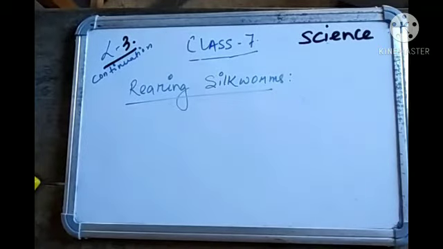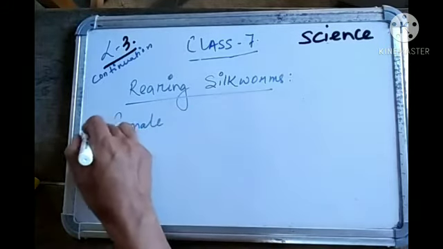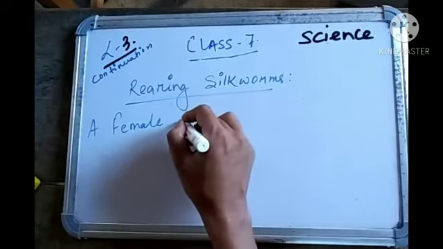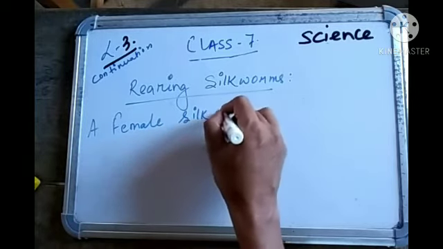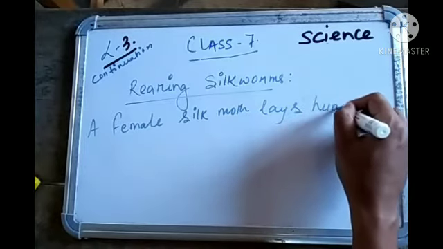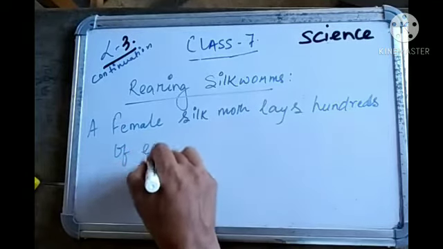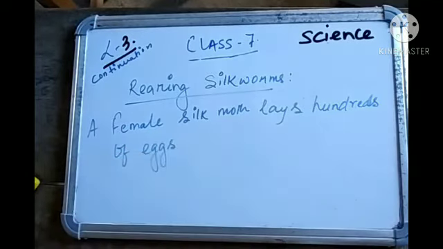A female silk moth lays hundreds of eggs at a time.